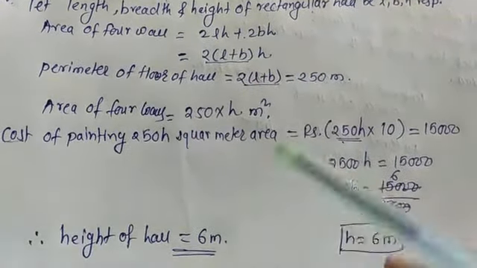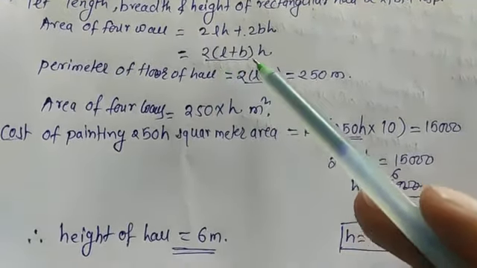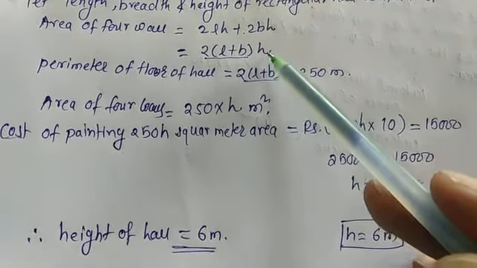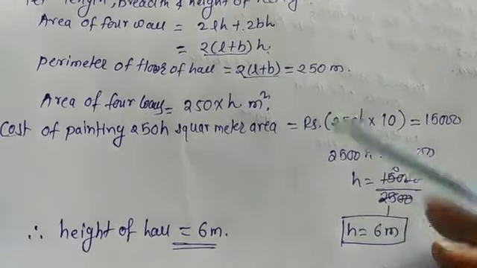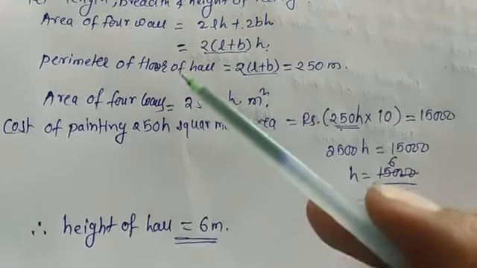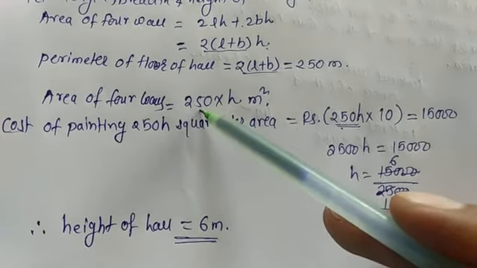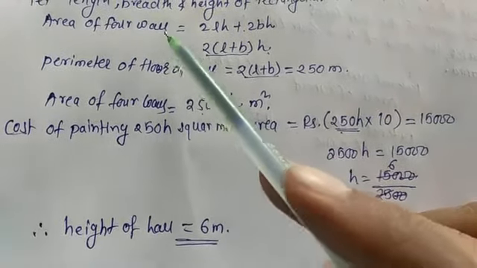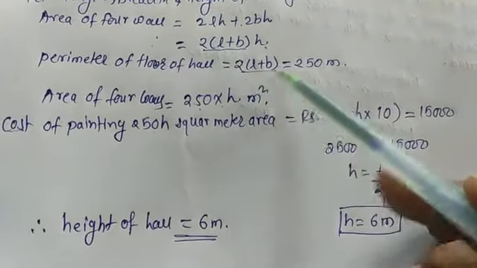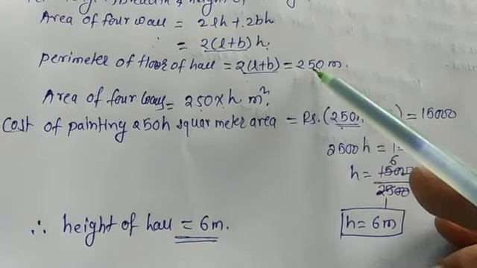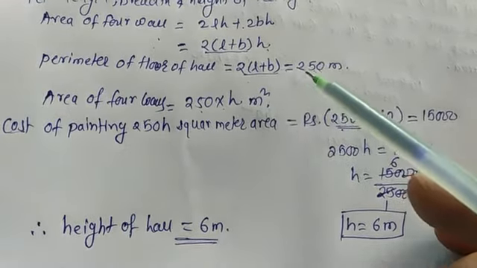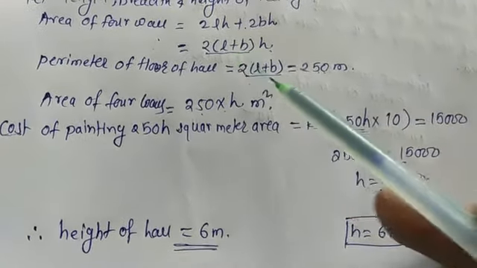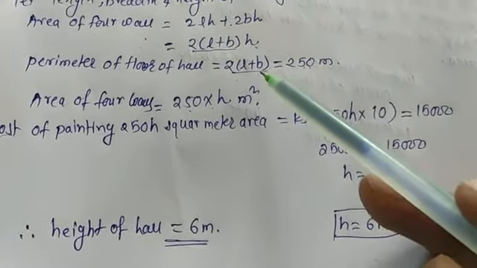We have the area of 4 walls as 2 into bracket L plus B into H. Here we can put the value of H, and the area of 4 walls can be found, because 250 into 6 will be the area of 4 walls. So you get one equation, and 2 into L plus B is equal to 250 as a second equation, and from these two equations you can find the length and breadth of the cuboid.